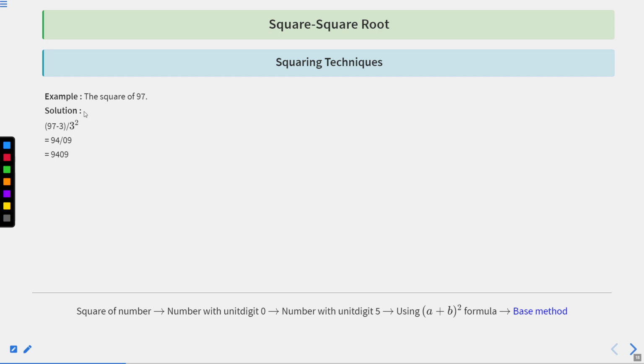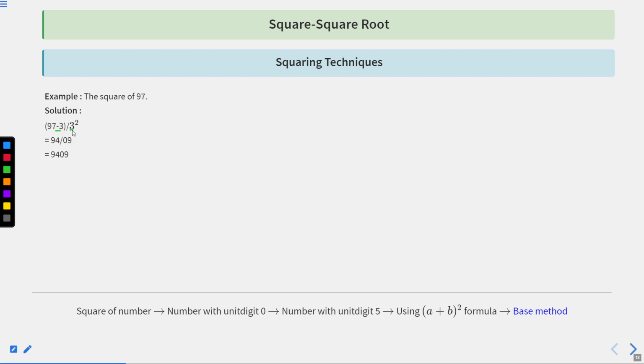Now, the square of 97. So 97 is 3 units before. So this time we are going to write minus 3. So when the number is greater than 100, we write plus. And if the number is less than 100, we write minus. So 97 is 3 units away from 100, but it is less than 100. So we are going to write it as 97 minus 3.